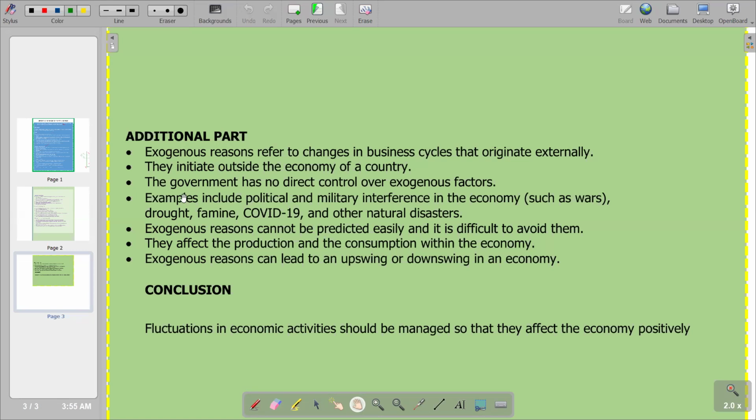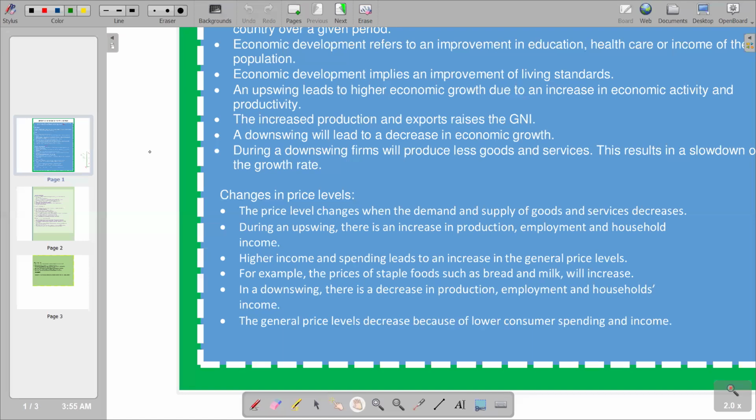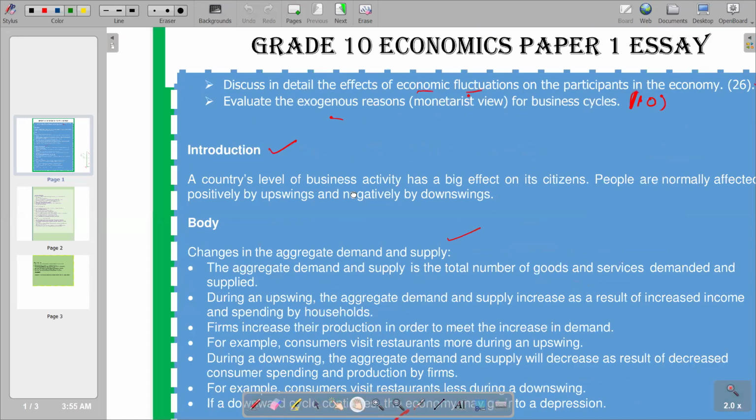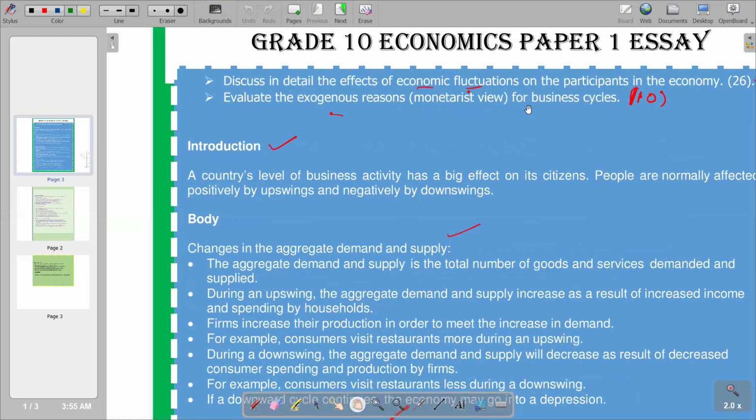So if you go back there at the beginning of the question, let's just try to see what we have. In terms of the question part there, we are told to evaluate the exogenous reasons, that is the monetary view for business cycles. So we are going to start by understanding what exogenous reasons are.